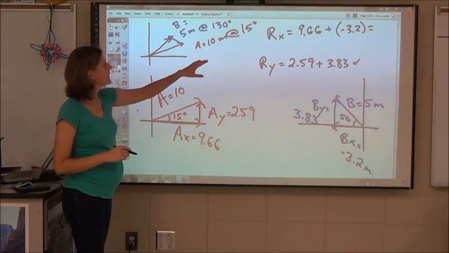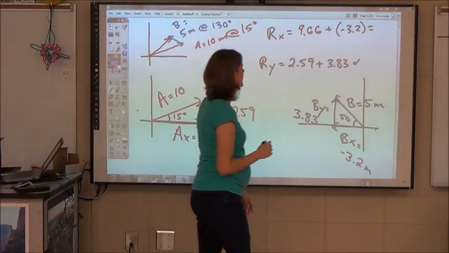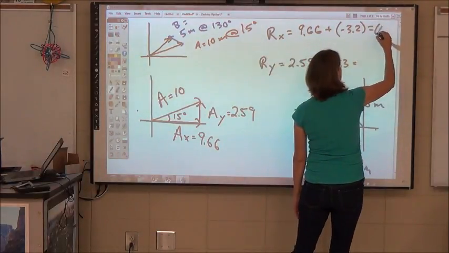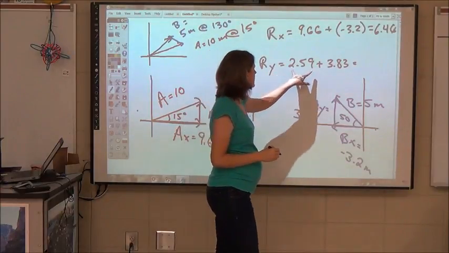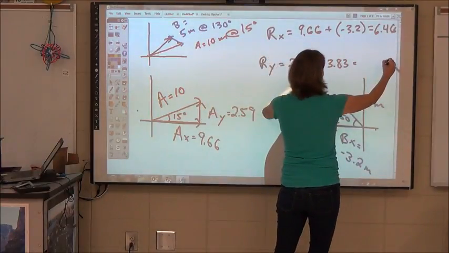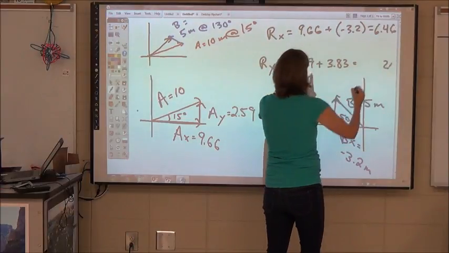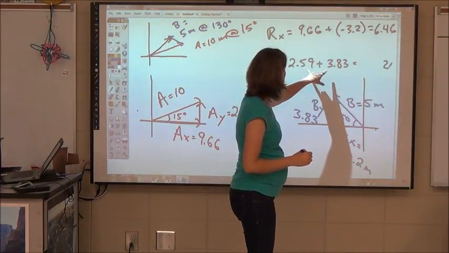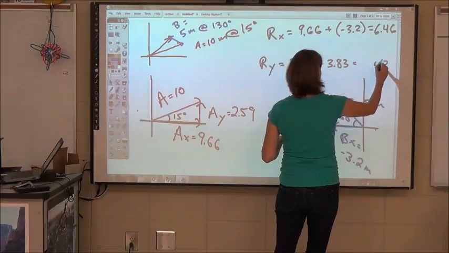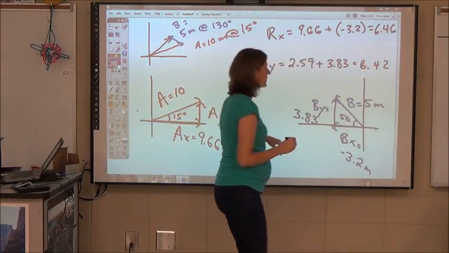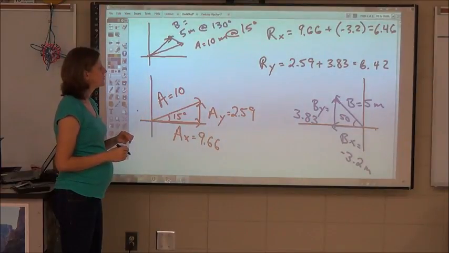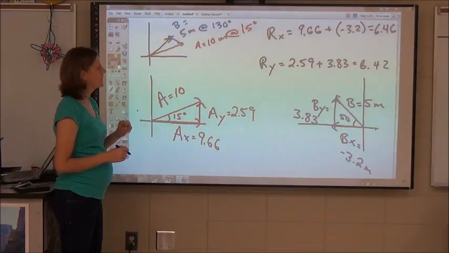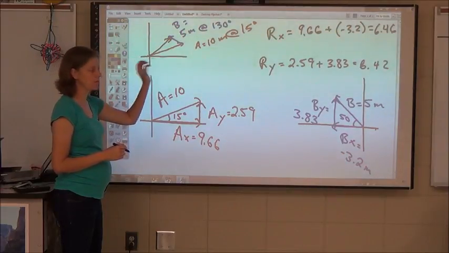All right, so we get 6.46 and 6.42, hopefully. Yeah. So those are my resultant's components.